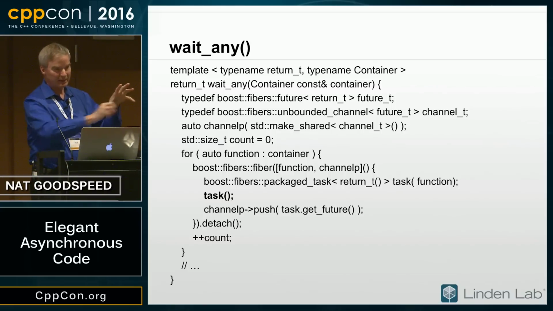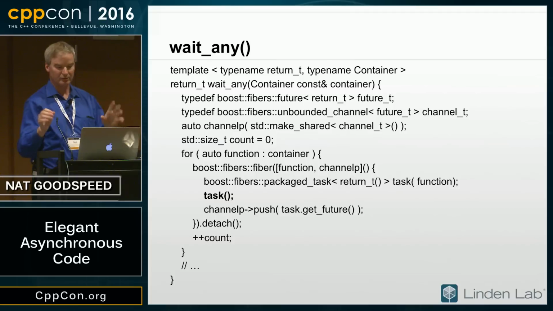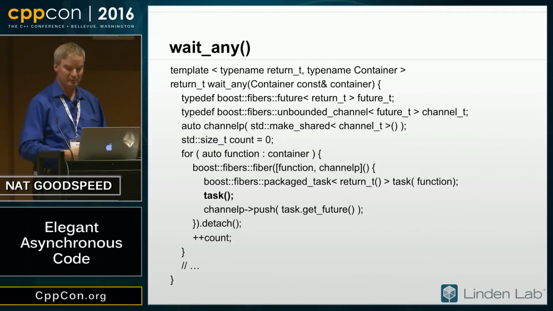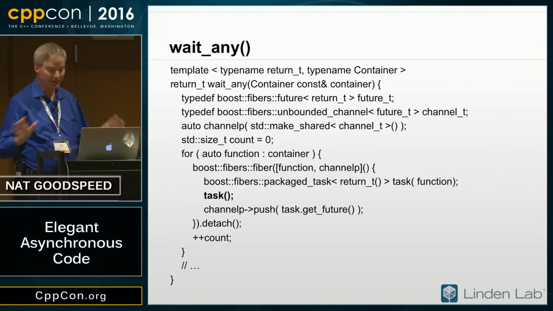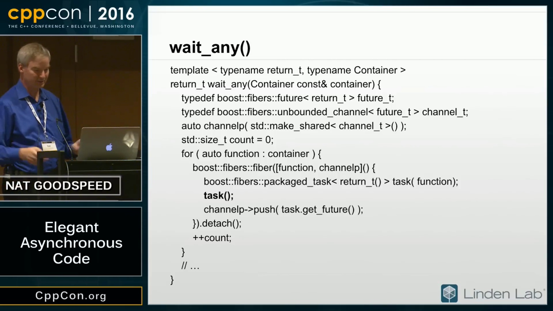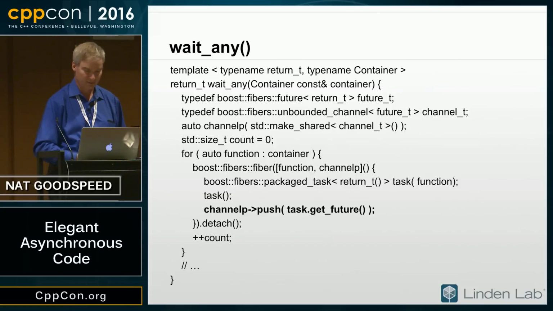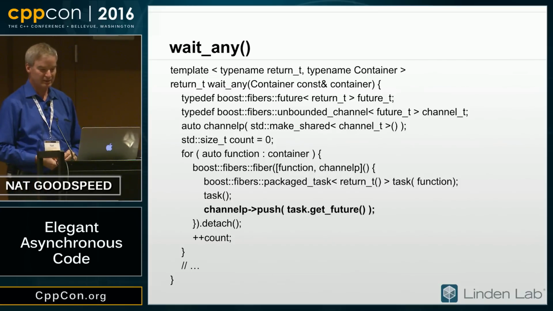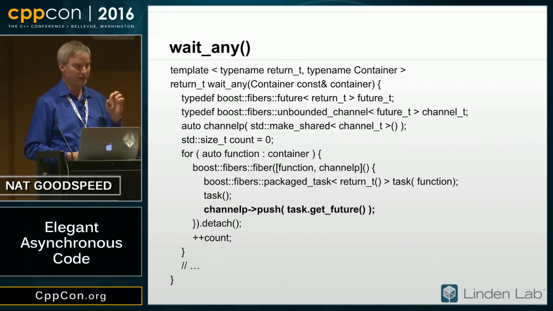If we were to immediately push the package task's future to our unbounded channel, then wait any would always prefer the leftmost function, not necessarily the one that completes soonest. So we delay pushing the future until we know it's fulfilled. Only when the package task completes, only when its future has been fulfilled, either with the result or an exception, do we push it to the channel.